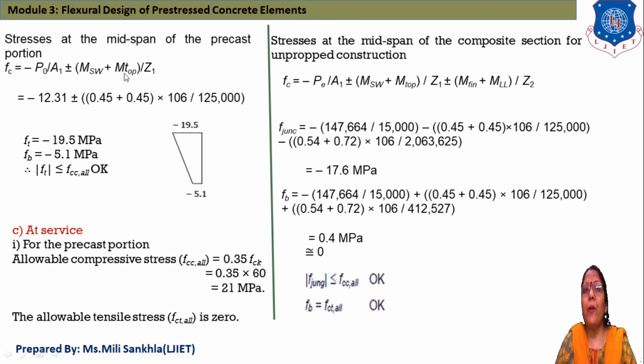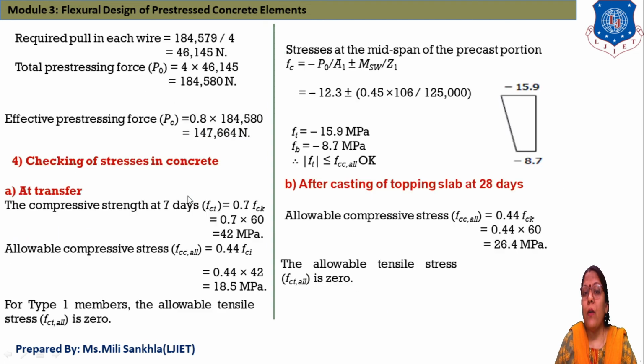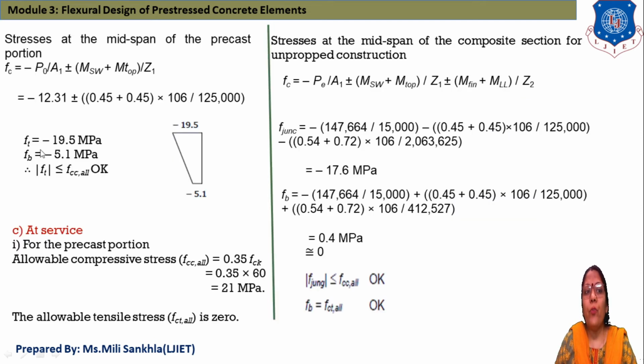Here we take the moment of the top slab also, divided by Z. Put all the values and we find stresses at top minus 19.5 megapascal, at bottom minus 5.1 megapascal. Again the allowable compressive stress is 26.4 megapascal for the topping slab at 28 days, and both stress values at top and bottom are within the allowable compressive stress. So this check is again okay.